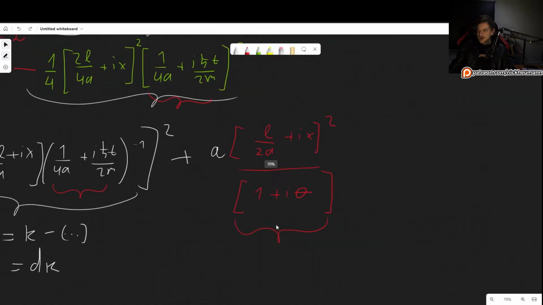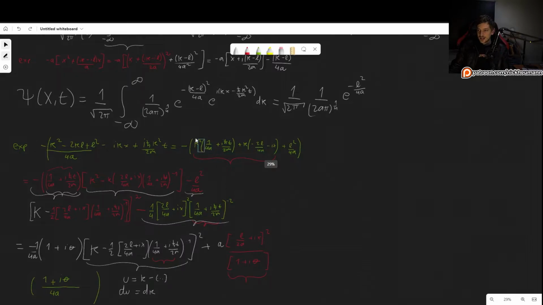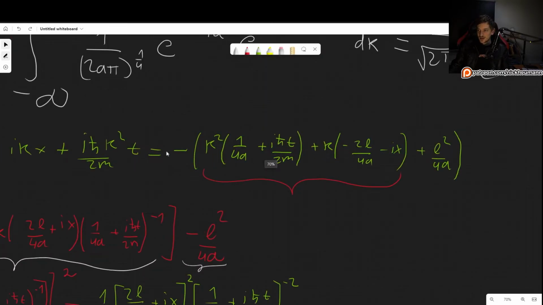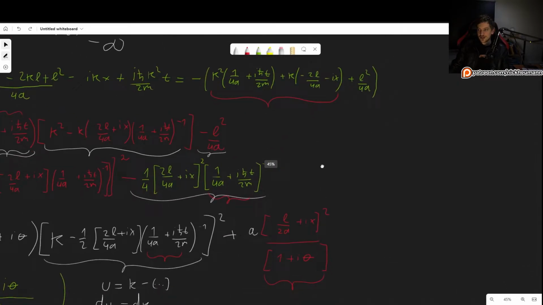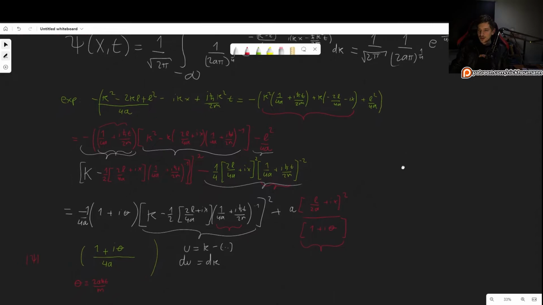Now, this here is our constant. And that comes in here. So there's a minus sign in front that we cannot forget about. So this is going to be e to the minus a L over 2a plus ix squared divided by 1 plus i theta.